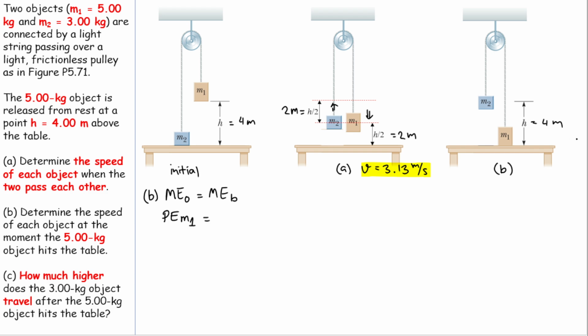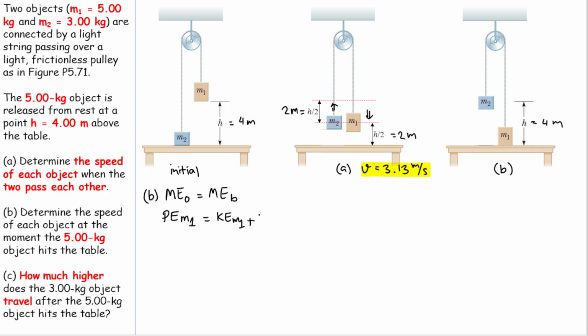And then what else? Here we have M1 almost hitting the table, so it has kinetic energy. So I will have kinetic energy of M1. But then it does not have any potential energy, right? Because we use the table as our reference. And then we will have plus, here M2 has potential energy, right?